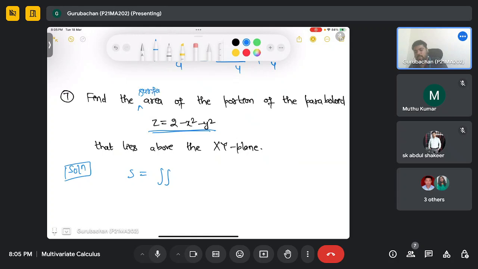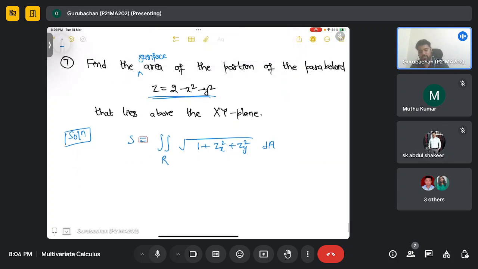The formula is the double integral of the square root of 1 plus zx square plus zy square dA, that is dx dy, over the region R.